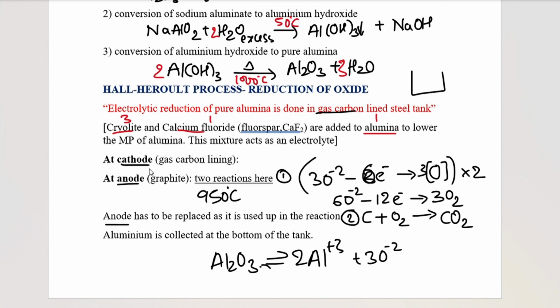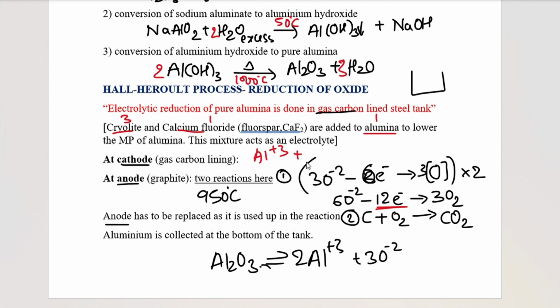Then what about the reaction at the cathode? Very important. How many electrons are involved in the anodic reaction? The same number of electrons must be involved in the cathodic reaction. So here 12 electrons are involved. You will take aluminium 3+, and every aluminium will take 3 electrons.